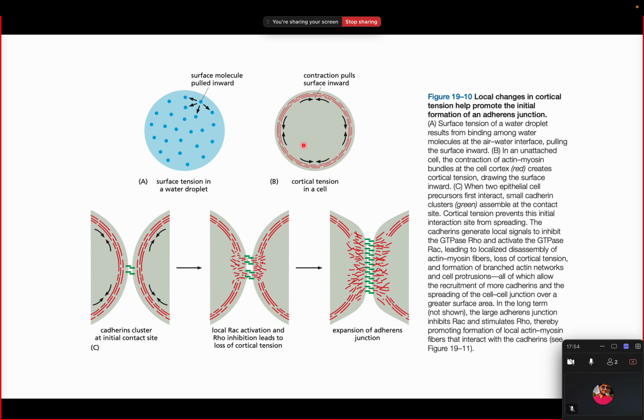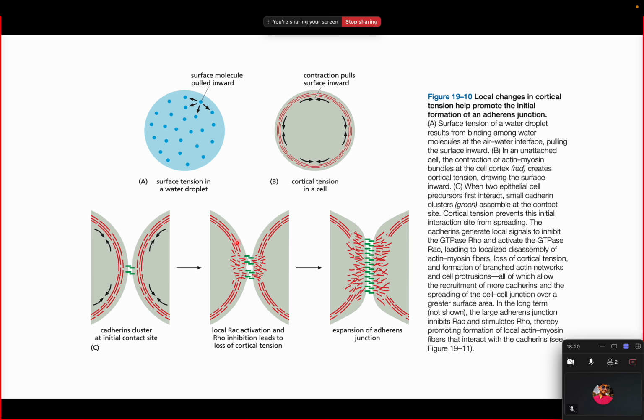So now you can see when a cell doesn't want to connect with another cell and there is no such signal presented to the cell, how the intracellular actin arrangement is. When there's a little bit of signal for connection with the adjacent cell, the remodeling of the actin leads to the formation of adherens junctions, right?